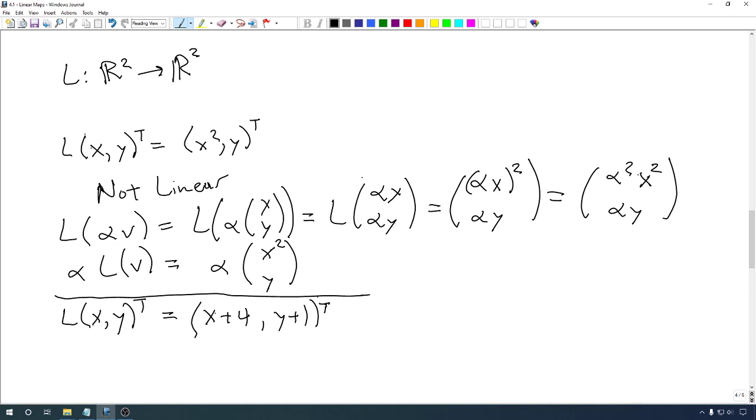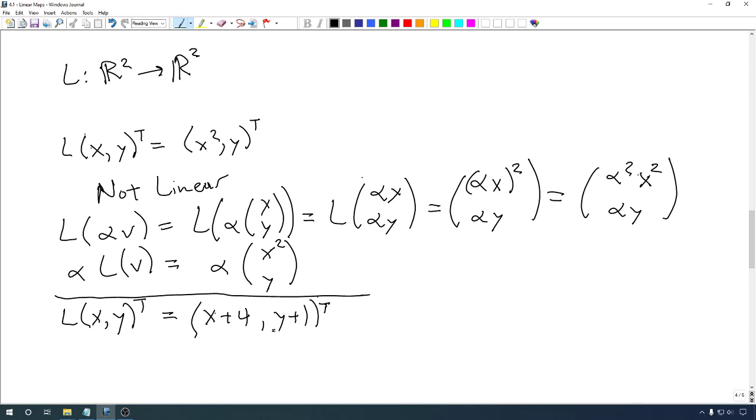If we tried to do the same thing that we did on the previous one, we would end up with some problems. Multiplying a vector by a scalar would only multiply the x and the y part, but it would leave the 4 and the 1 part alone, and that becomes a problem.